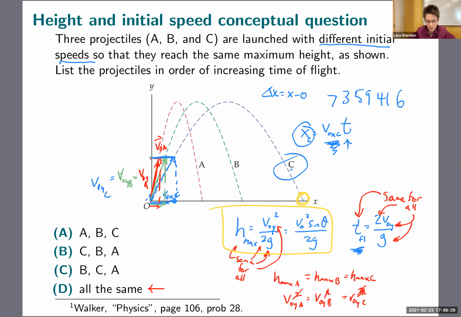The one that's launched along path C has the largest initial speed and the largest initial x component of velocity. Even for the same time of flight, it's moving fastest along x, so it'll go furthest in the x direction in that same time. Particles A, B, and C are all going to land on the ground at the same moment, but they're shot with different initial speeds.